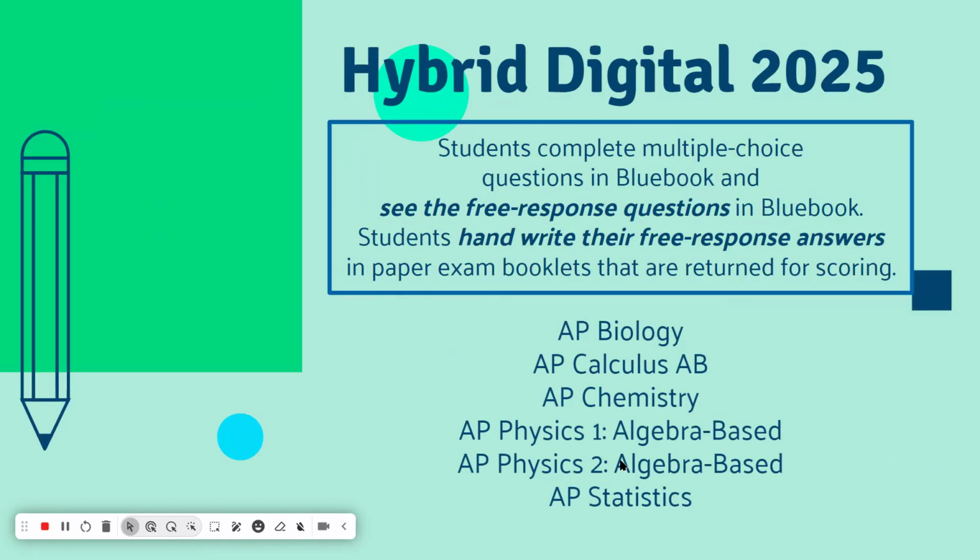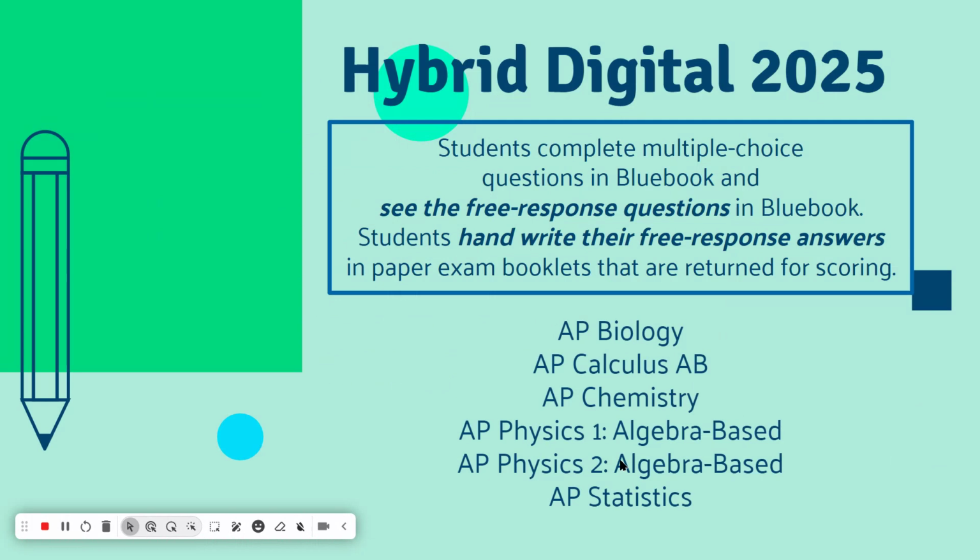If you're in a course like biology, calculus, chemistry, physics 1, physics 2, or statistics, they understand that all the stuff you have to write out with formulas and drawing diagrams would make everything digital miserable. So you'll still come into the classroom, you'll sit down, you'll use your College Board account to sign into the Chromebook, and you'll do the multiple choice all digitally.